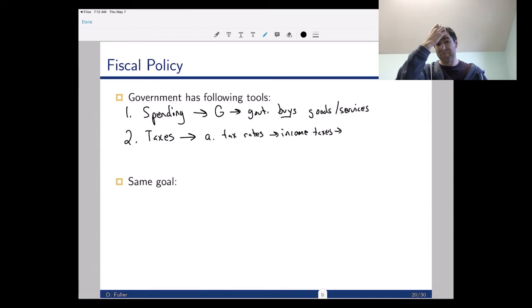So you go to work and you get a paycheck, and you'll notice on that paycheck that some part of your earnings were withheld to pay your federal and state taxes. That's an income tax, right? The more that you earn, you pay a percentage of that income in taxes. So one tool that the government has is that it can decrease or increase the income tax rate.